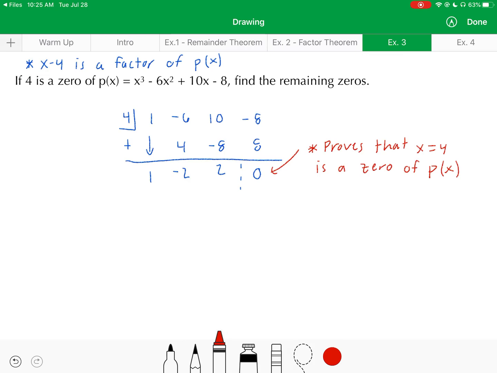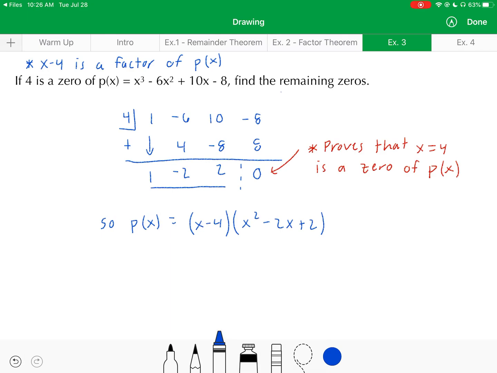All right. So at this point, we're going to proceed the same way we did in the last example. I'm going to say p of x can now factor to x minus 4 times, using these three numbers, x squared minus 2x plus 2. Okay. And notice the directions.